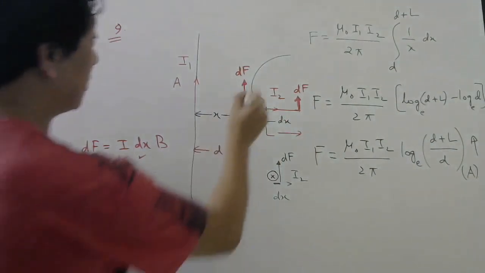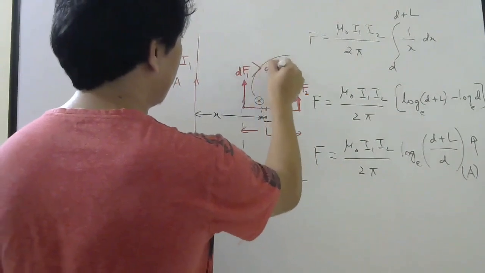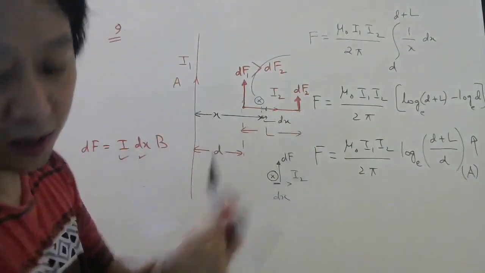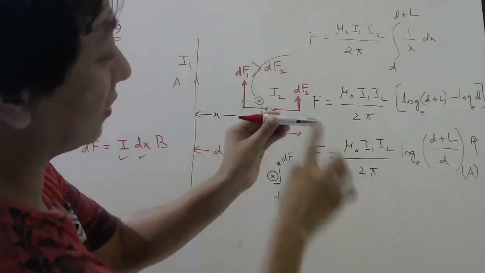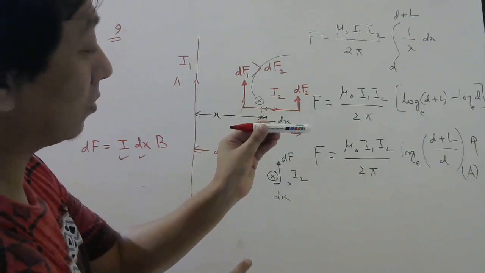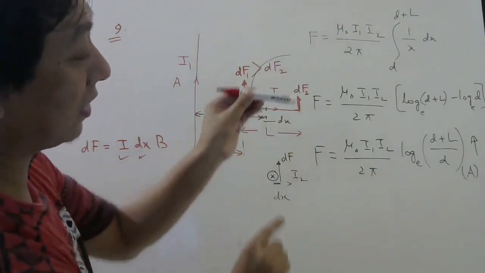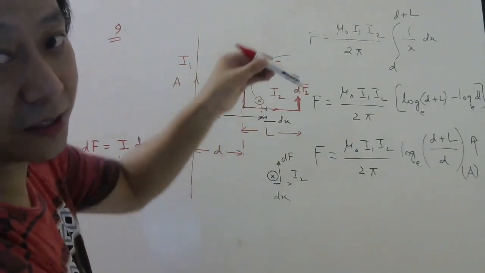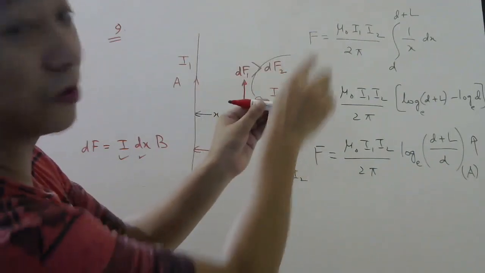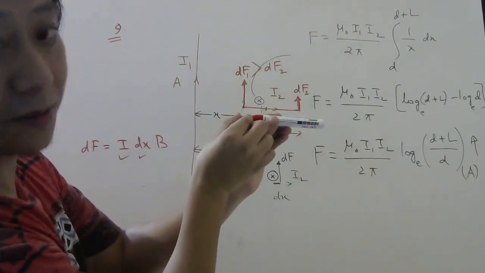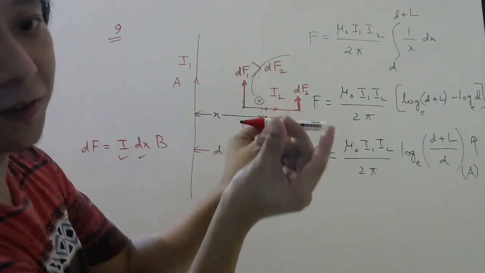If I write this as dF1 and this as dF2, then dF1 will be greater than dF2. So basically this wire will feel a greater force on this side than this side. Understood? So it will go upwards because it is feeling a net force upwards, but also it will rotate like this. Why will it rotate like this? Because this part is feeling more force, so this part will have more displacement in a given time.